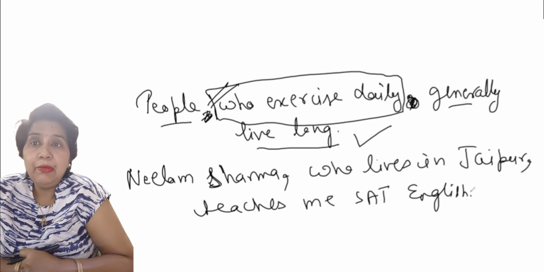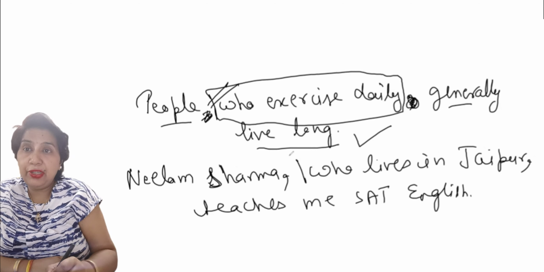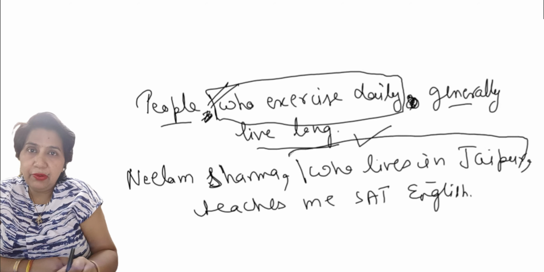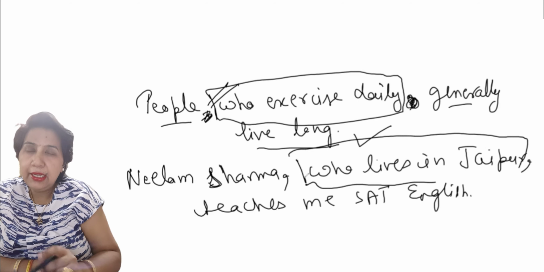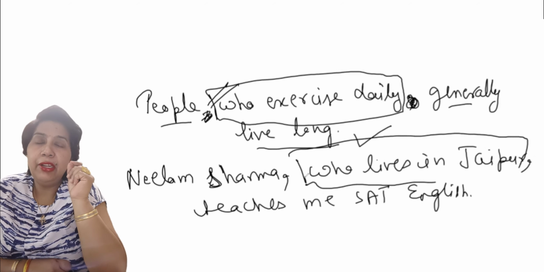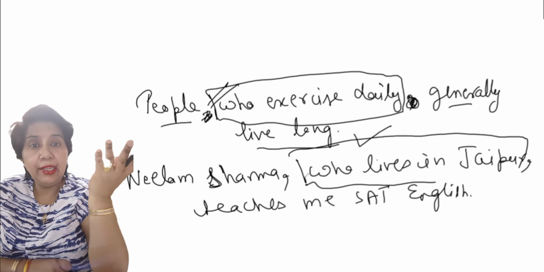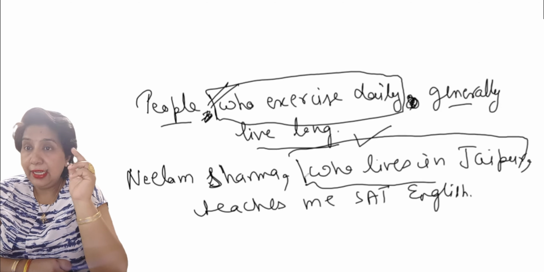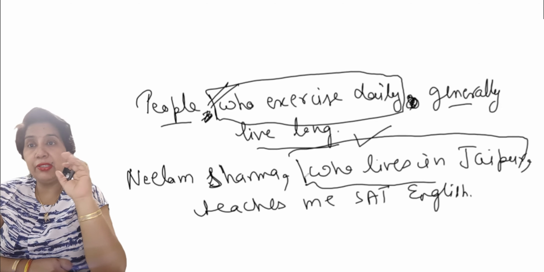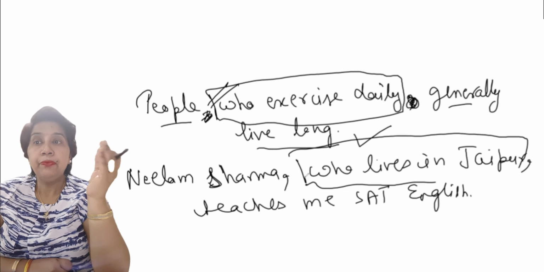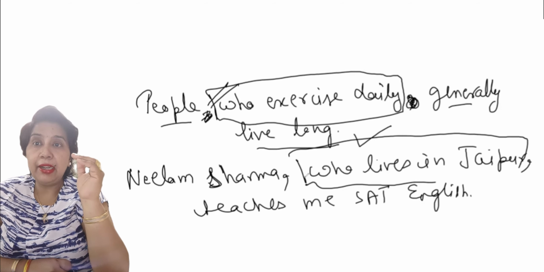Now, Neelam Sharma, who lives in Jaipur is within the commas. So I will just remove this from the sentence. And then I'm left with Neelam Sharma teaches me SAT English. Perfect. The sentence is grammatically correct. So I'll say that yes, this is a non-essential clause, because if it is taken out of the sentence, the sentence is still making perfect grammatical sense.